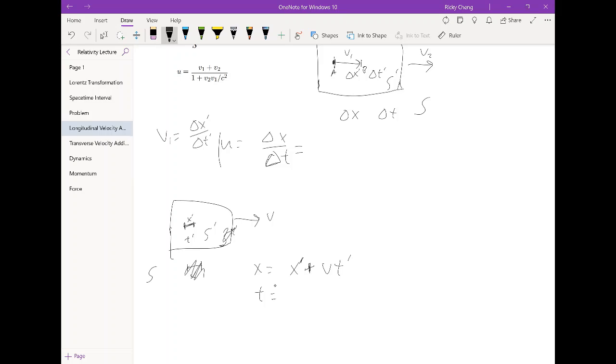And T, the time as measured in the frame of S, is T prime plus V times X prime over C squared.